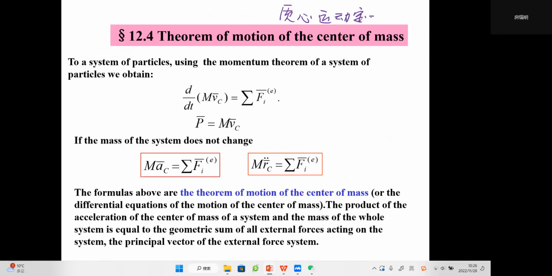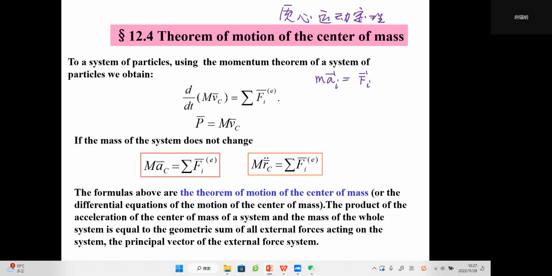I hope you can try to understand why it is this, because I think everybody understands Newton's second law about a single particle, right? We have ma equal F. If we use i to denote it, it is just a single particle.